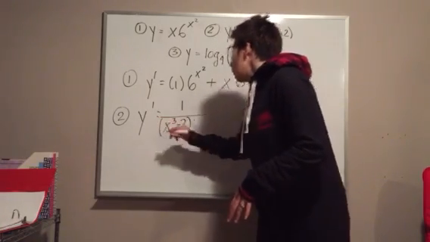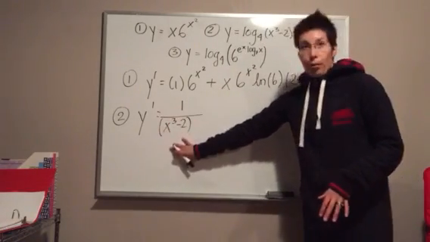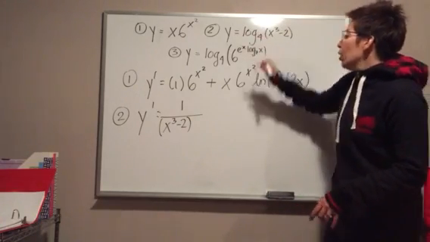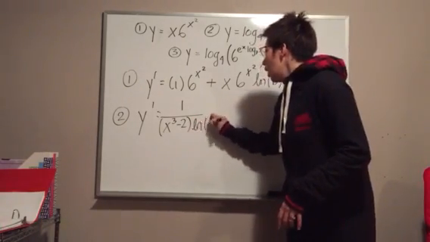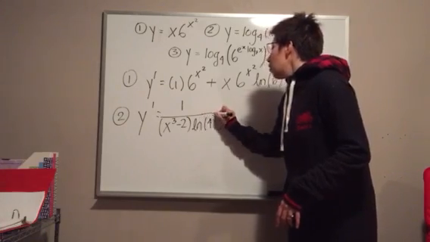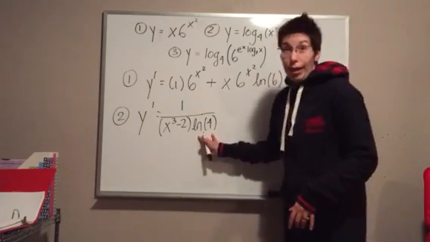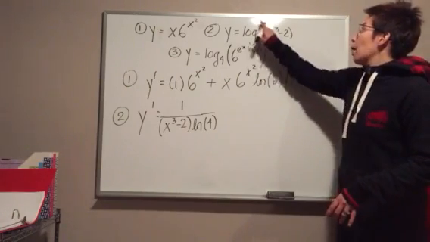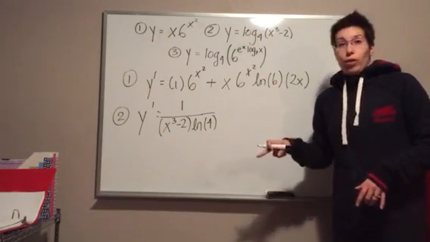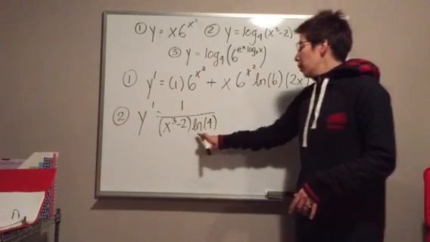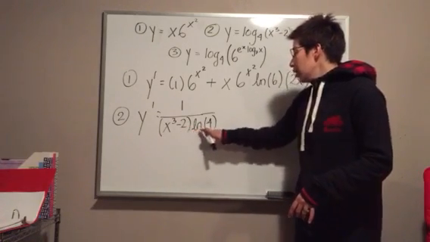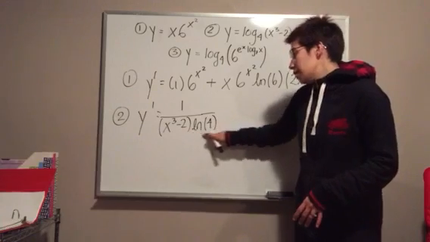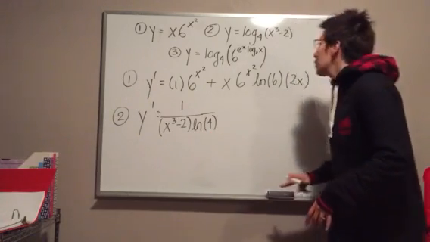But remember that beside the whole bottom, or denominator, you have to remember to go ln of the base, and in this case it's 4. Now, if this happened to be a ln, otherwise known as log base e, we would maybe write times ln of e here, but it would end up being 1. In this case, this stays here because it's not 1.